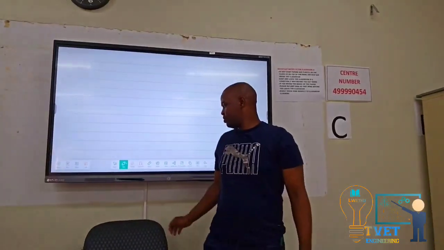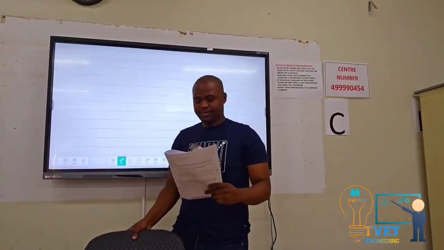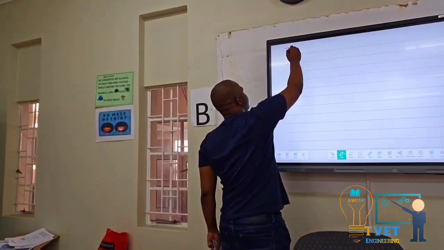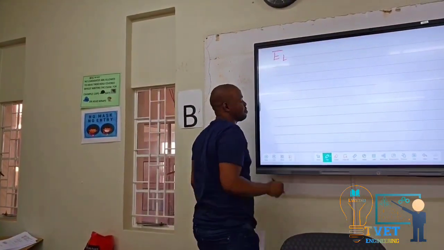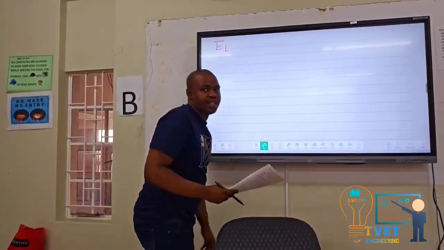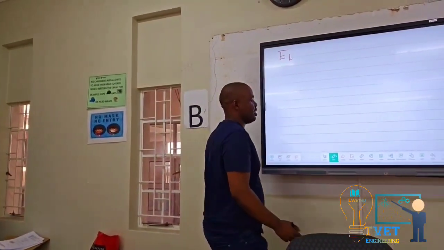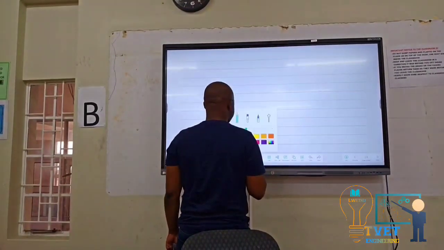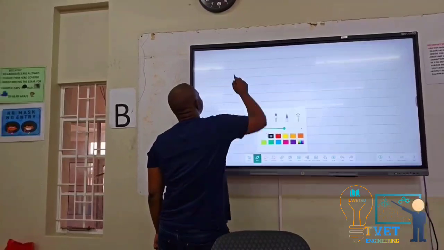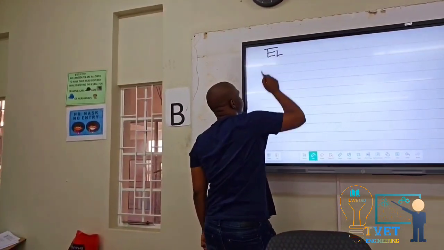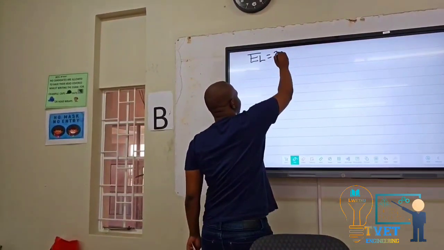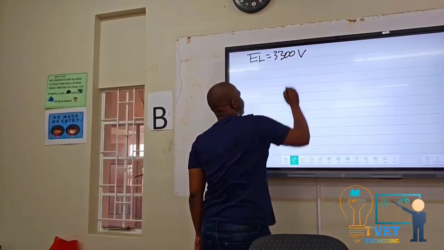So I'm going to go through the given information again. We have the open circuit voltage, which is the line value. I always say given voltage is always the line voltage. That is 3300 volts.